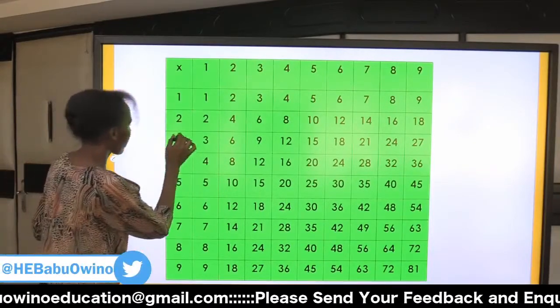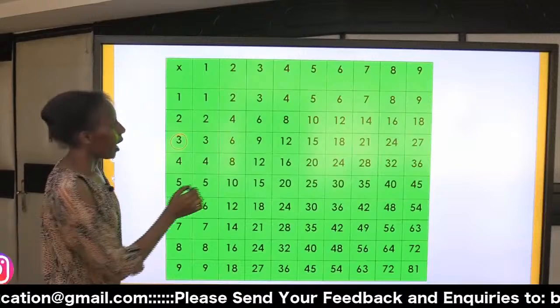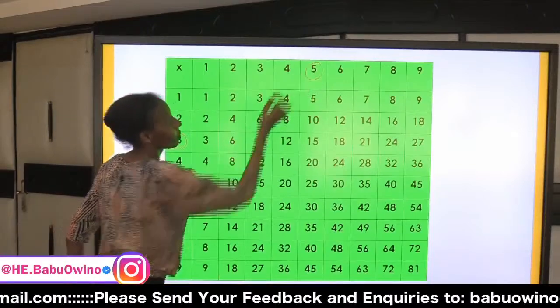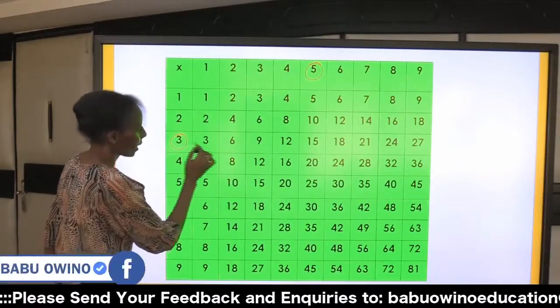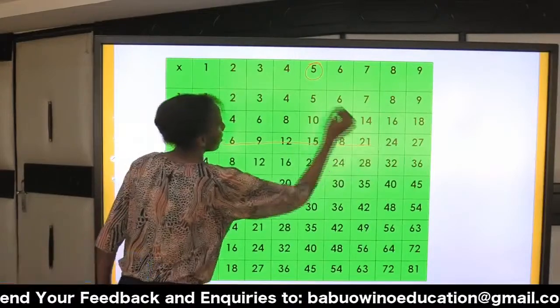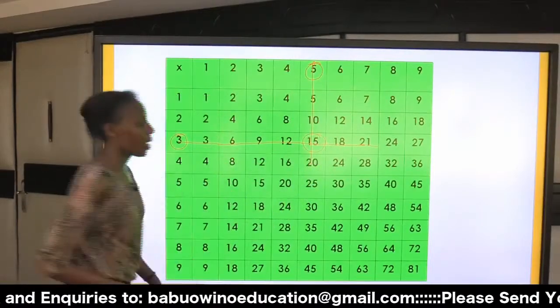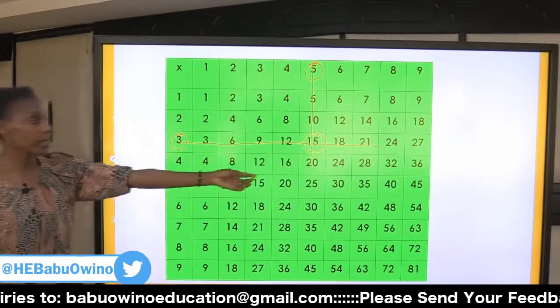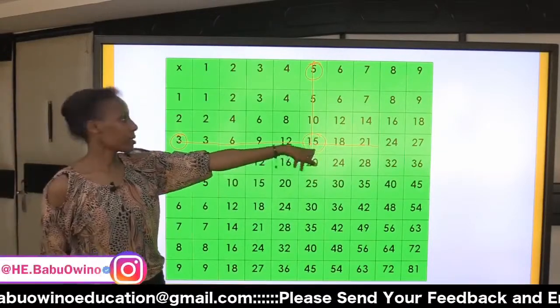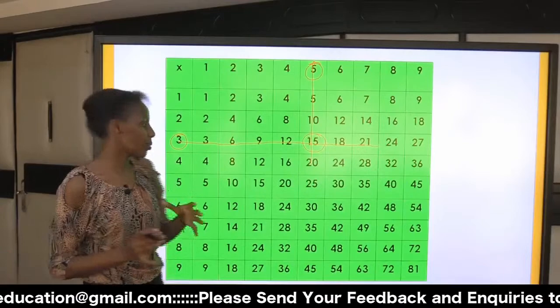I will just come where we have 3, and then I go where we have 5, and then I draw a line across and another line across, and this point where the 2 lines meet, this is where my answer is. That is how a multiplication table works.